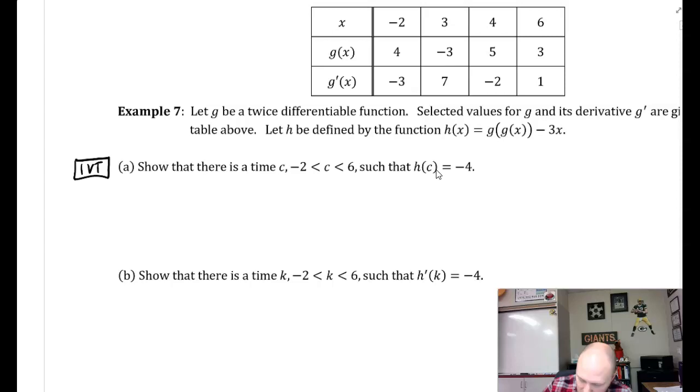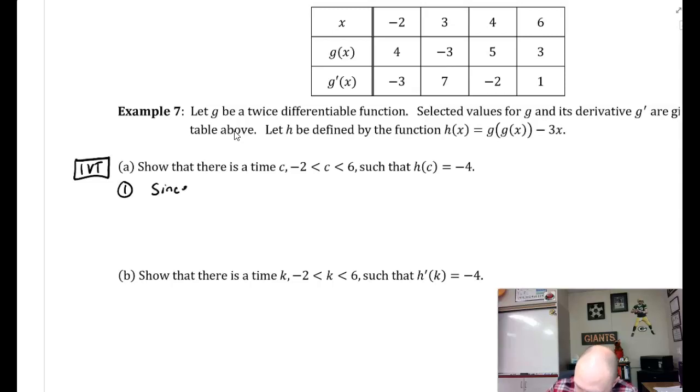Now, I do need to go ahead and state my conditions, and the first one is that in this case, h is continuous. How do I know h is continuous? Well, what they say is that g is differentiable.